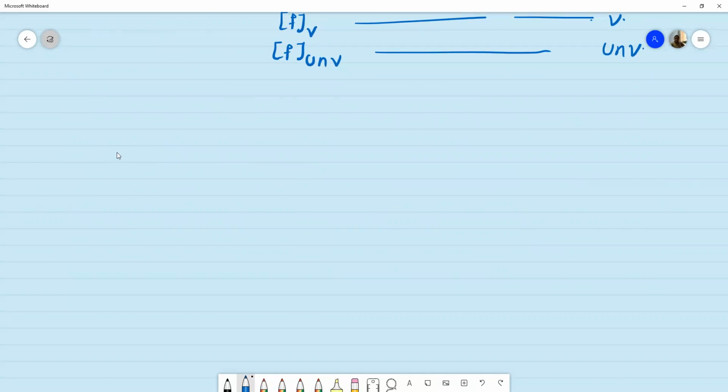So this theorem can be proved in many steps. Step 1 of the proof: here we will define a map rho.